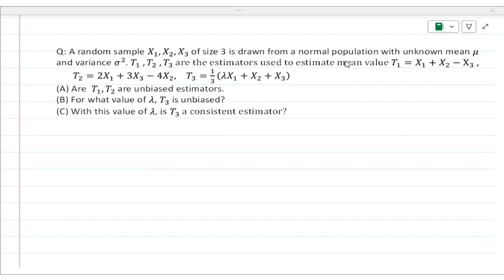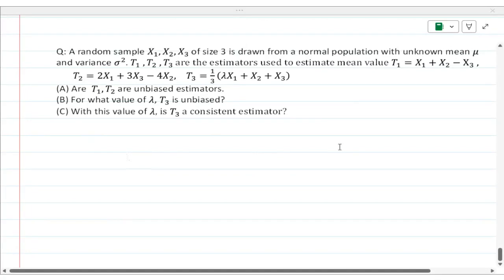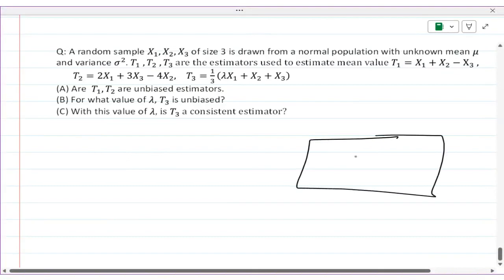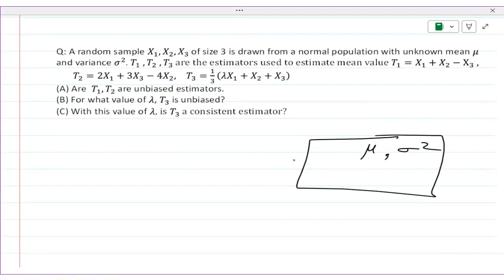So a random sample x1, x2, x3 of size 3 is drawn from a normal population with unknown mean mu and variance sigma square. So now we have this population, whose mean is mu and variance is sigma square. From this population we have taken a sample of 3: x1, x2 and x3. T1, T2, T3 are the estimators used to estimate the mean value.